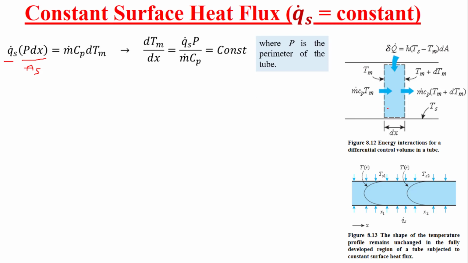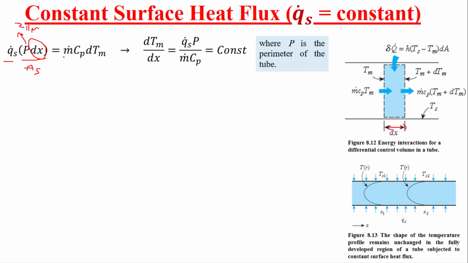Since we are talking about a very small portion, the area surface is not the whole pipe, it is only the perimeter of this portion multiplied by the length of this portion. This portion's length is delta x, and the perimeter remains as is, which is 2 pi r.